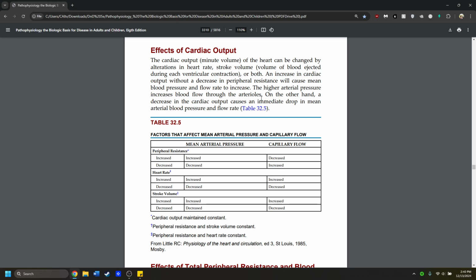An increase in peripheral resistance increases our blood pressure, but it makes it harder for capillaries to receive the nutrients needed. Whereas a decrease in peripheral resistance means a decrease in our MAP, which could potentially mean better capillary flow.